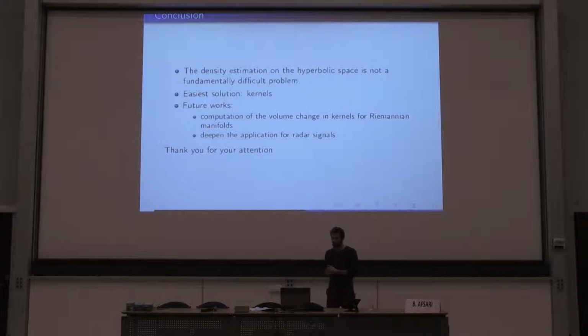Future work will focus on deepening the application to radar signals and performing actual classification. And we'll also focus on the computation of the volume change for other spaces. So thank you for your attention.